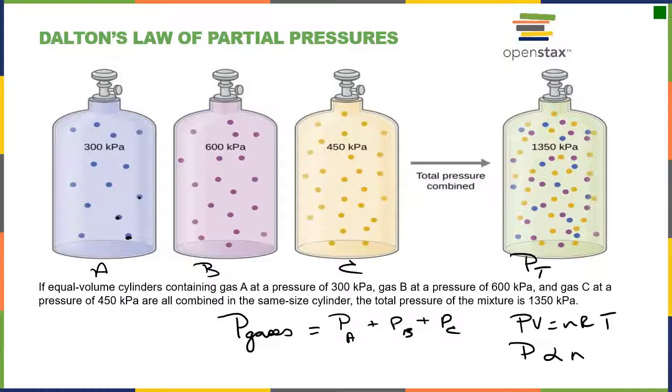So we can also get that the pressure total is equal to the sum of the moles multiplied by RT over V. Moles and pressure are directly proportional, so if we want pressure in a container and we have individuals, we can simply add them up.